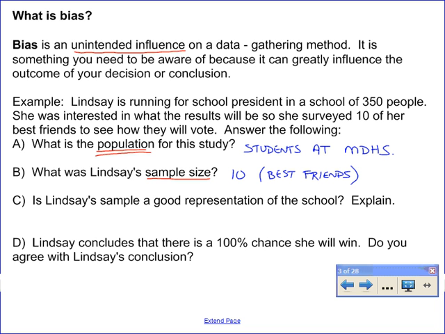So question C, is Lindsay's sample a good representation of the school? Then explain it. So is it a good representation? No. Because if these are friends of Lindsay's, how do you think they're going to answer?